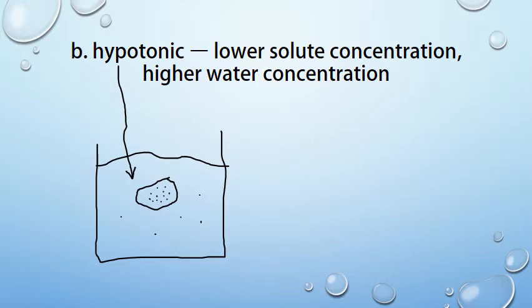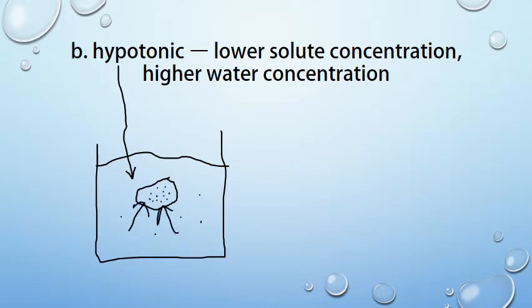All right, so now I want to spend some time talking about what moves. Now that you know that we have two different solutions, let's talk about the way in which they move. We're going to assume that whatever these solutes are, they cannot cross the membrane. So the only thing that we're going to have moving is water. So I want you to imagine water moving. Water would move into this cell.